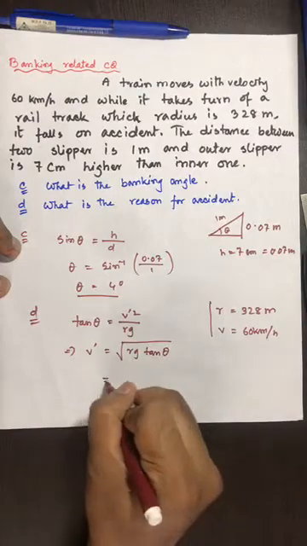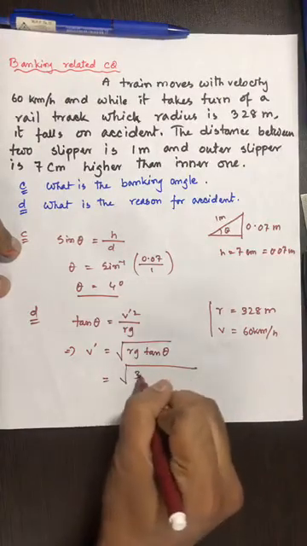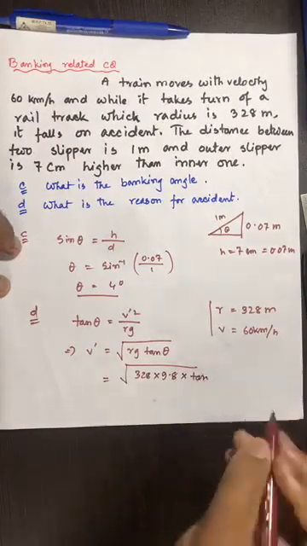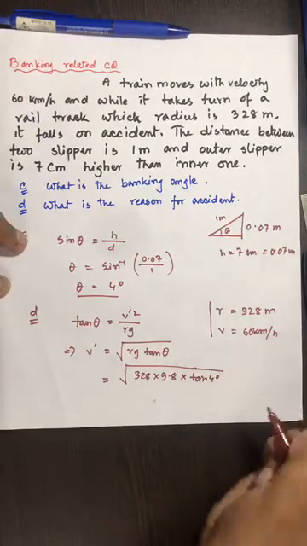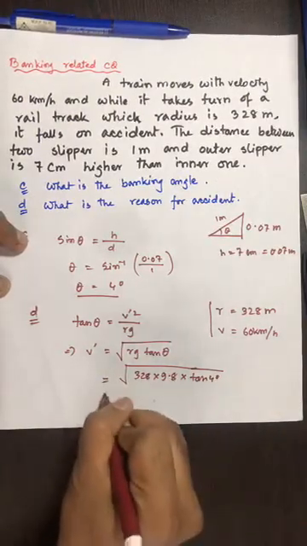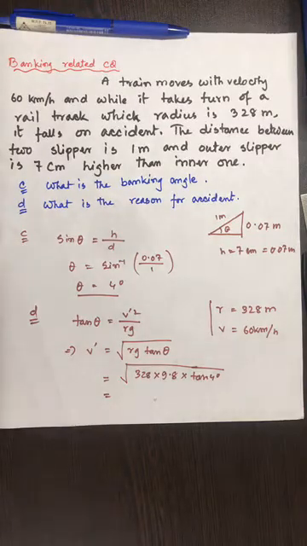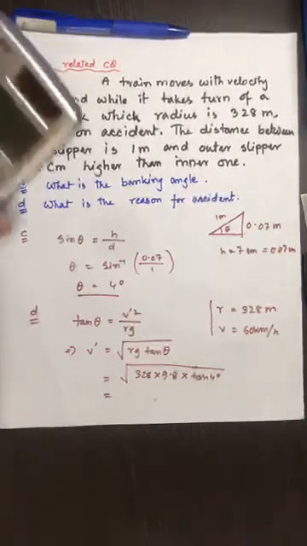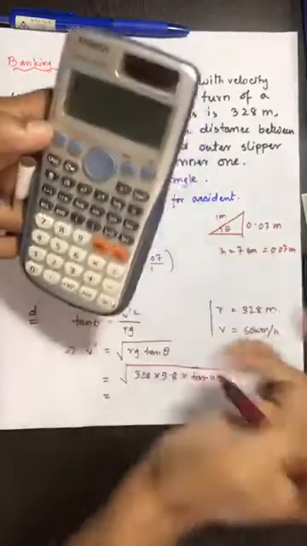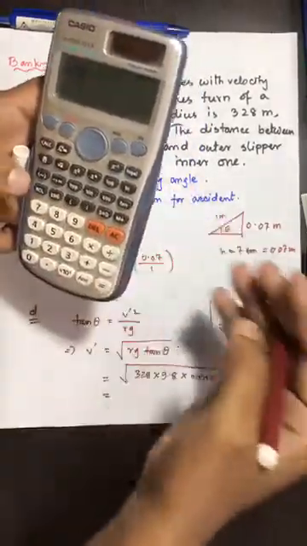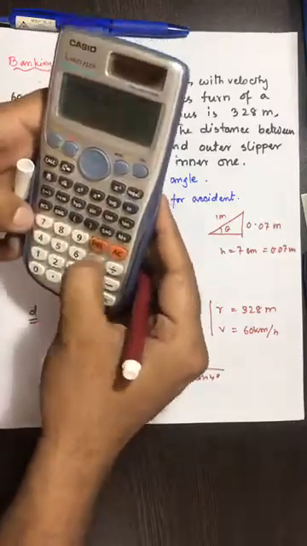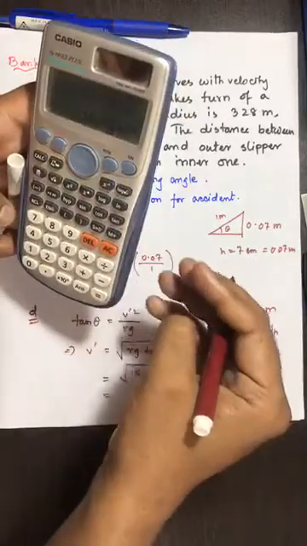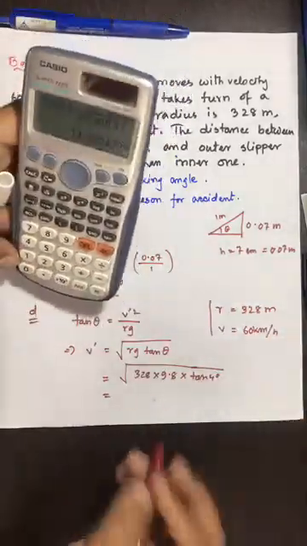Here r is 328, g is 9.8, and tan theta is tan 4 degree. On the calculator, root over 328 into 9.8 into tan 4 degree, it's coming to 14.99 meter per second.